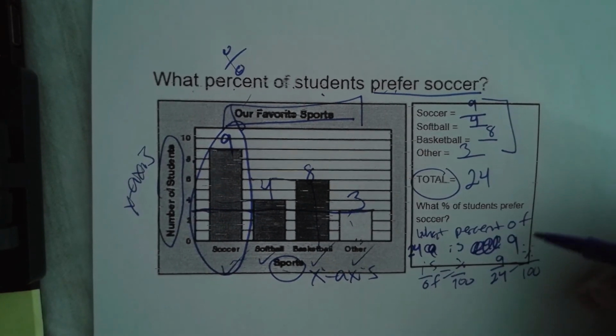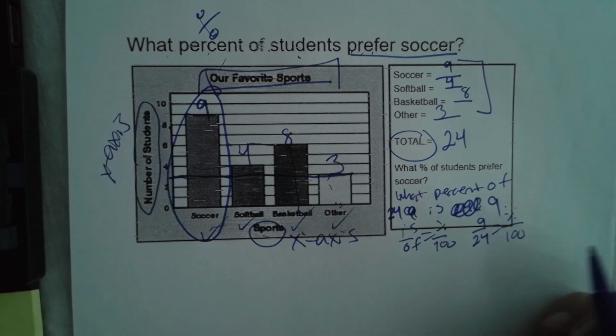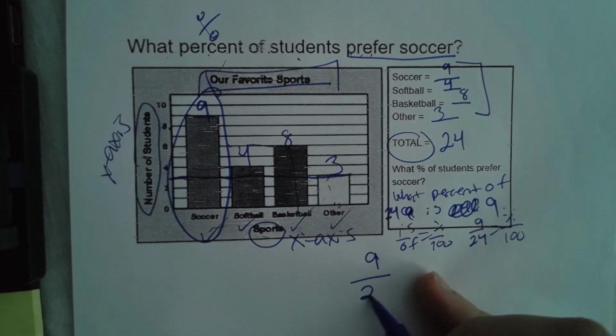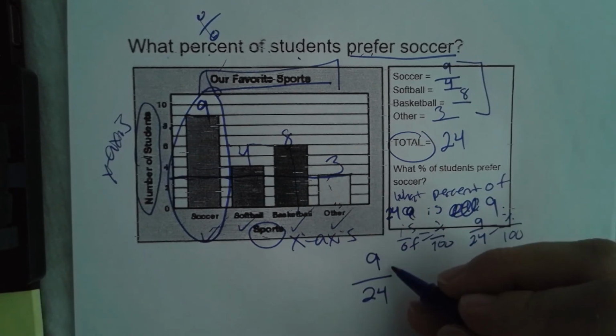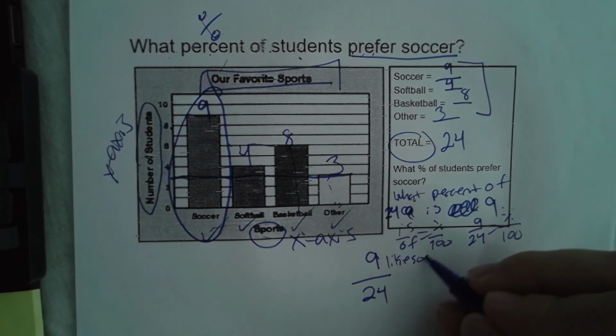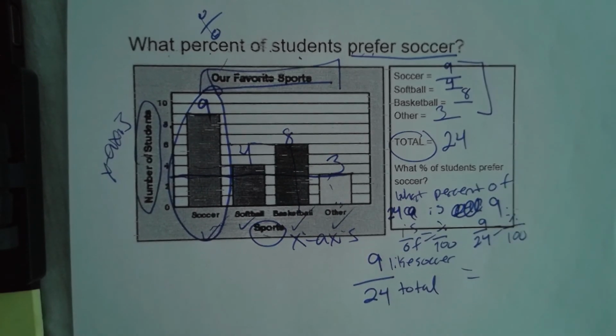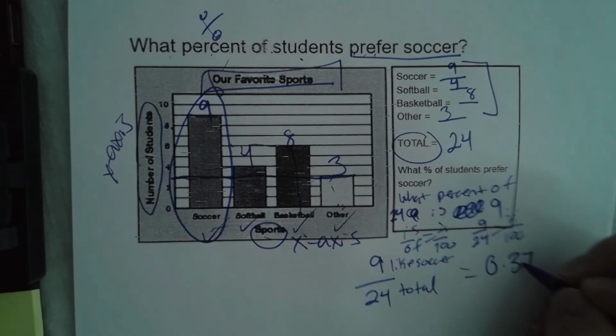But when I do problems like this, the easiest way for me to do this is just to do 9 divided by 24. So 9 students like soccer, okay, out of 24 students total. So all I can do is do 9 divided by 24, and I get this number.